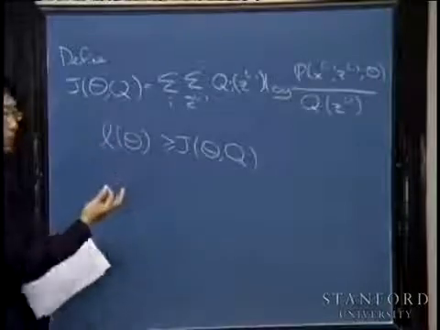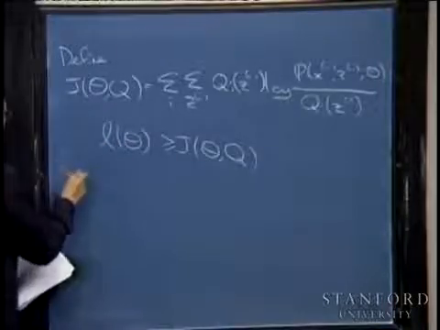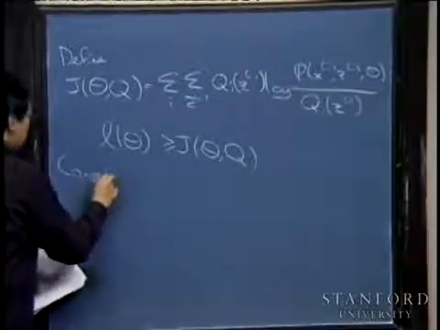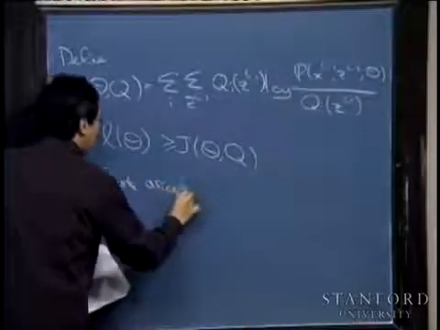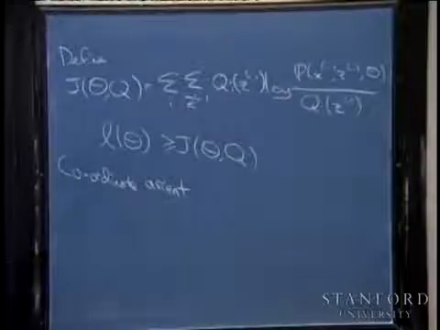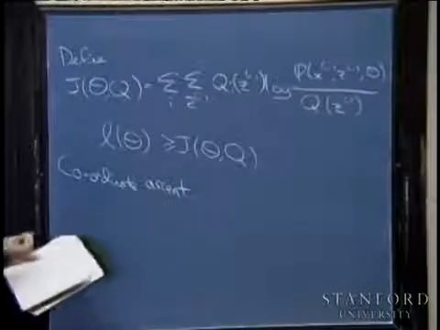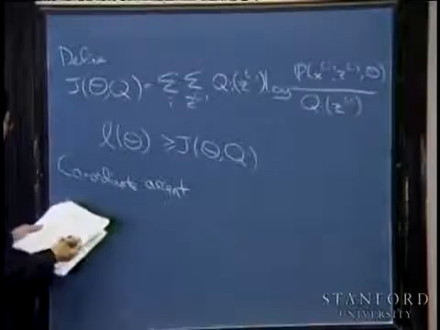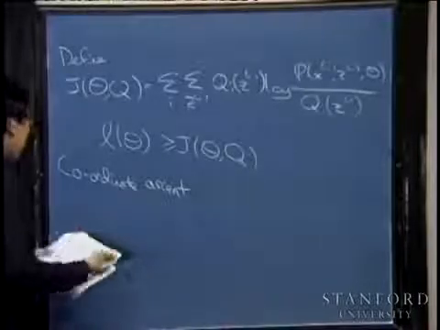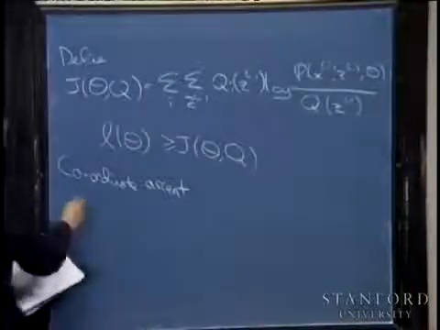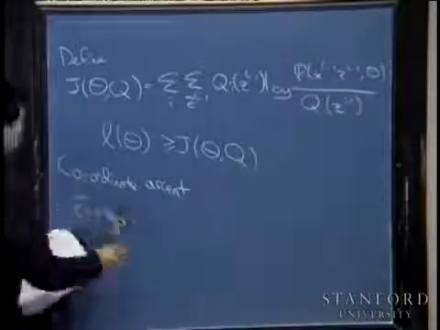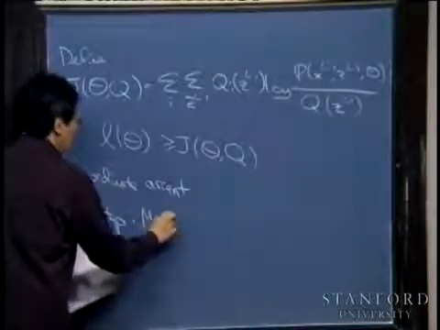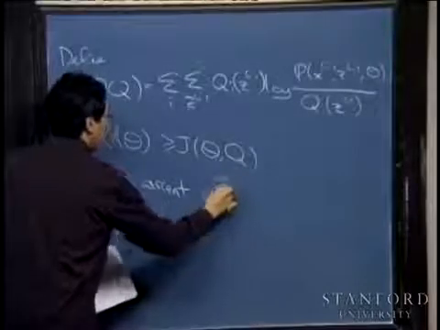To relate this back to things you already know, hope you remember our discussion a while back on the coordinate ascent optimization algorithm. What you can show, I won't actually show this, you can take our word for it and think about it at home if you want, is that EM is just coordinate ascent on the function J.